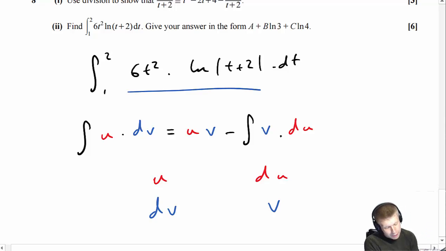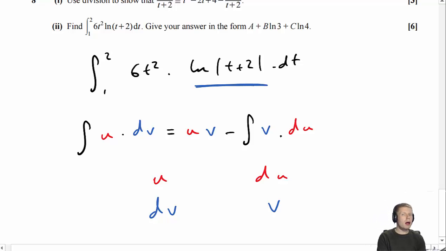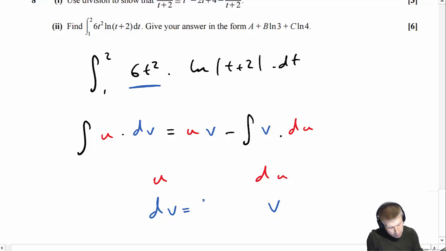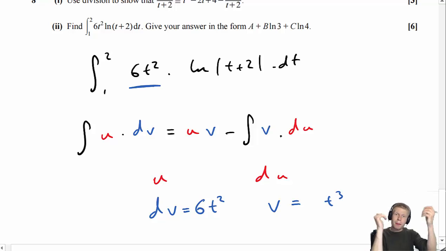Well, if you look up here, if I called this dv, I'm not able to integrate that. I don't know how to integrate a natural logarithm. So there's no point calling this the derivative of v, because I've got no idea how to integrate it. So therefore, this 6t squared has to be called dv, the derivative of v, okay? Because then v, I just integrate it, so I raise the power by 1, so it becomes t cubed, and I divide by that new power, so it's going to become 6 over 3, which is just 2.